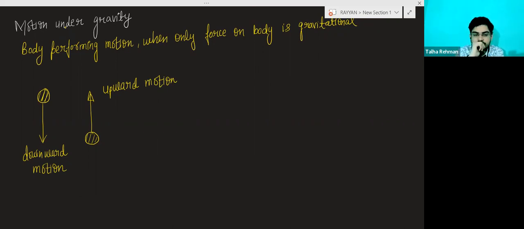Remember one thing: when the body is performing the motion under gravity, means I am dropping this pen, always the acceleration of the body will be the acceleration due to gravity.